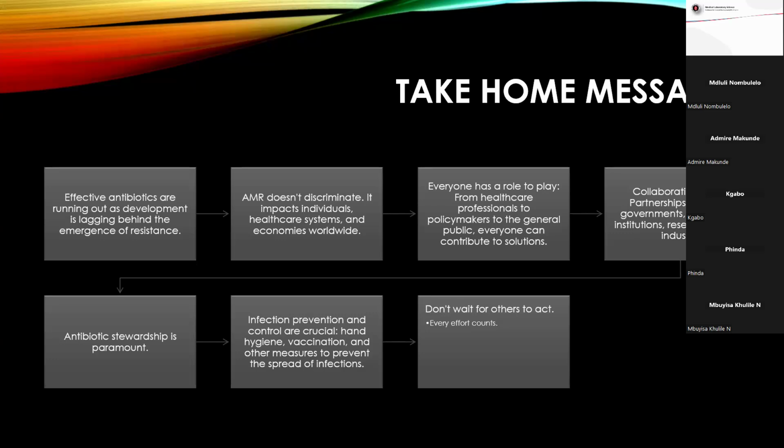Remember, I said the laboratory plays a role in infection prevention. Scientists have to participate in those activities within the facilities, be it infection prevention and control or the stewardship committee. We mustn't wait for others to act. It's everyone's requirement to put in effort. I thank you.